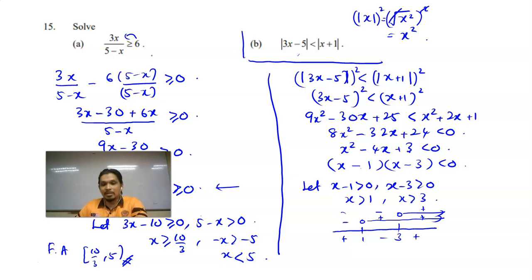Okay, so the final solution set refers to the region where the multiplication of these two factors is less than 0, a negative value. Yes, that's it. So the final solution is from 1 until 3.